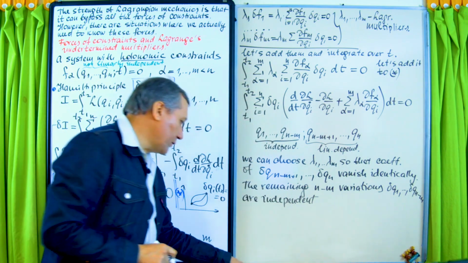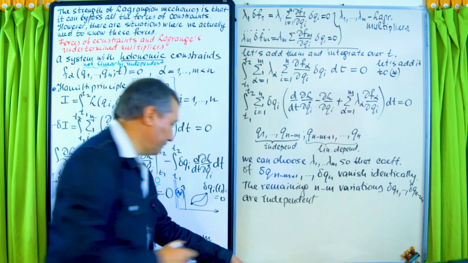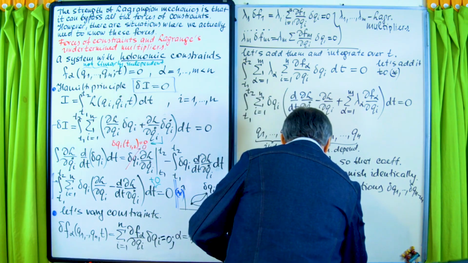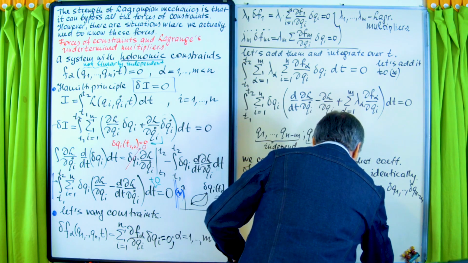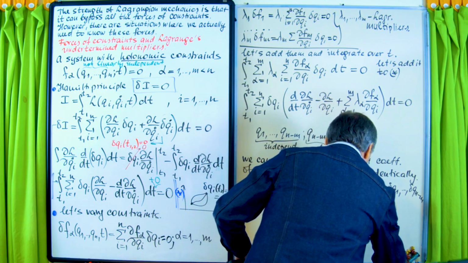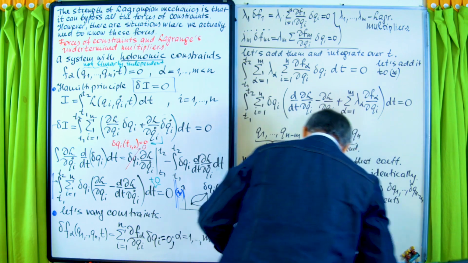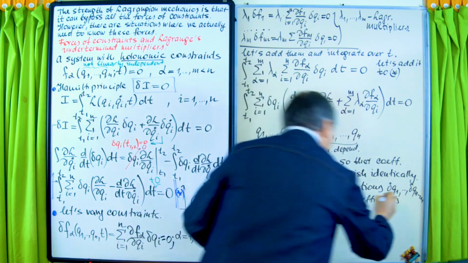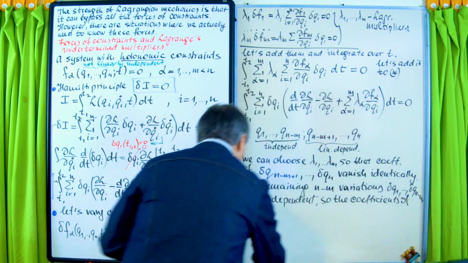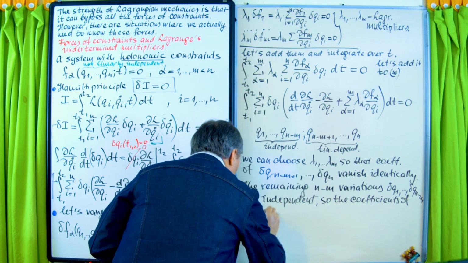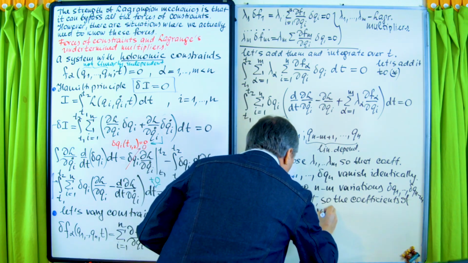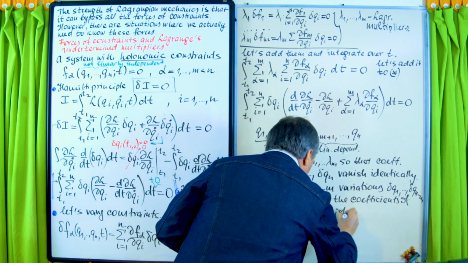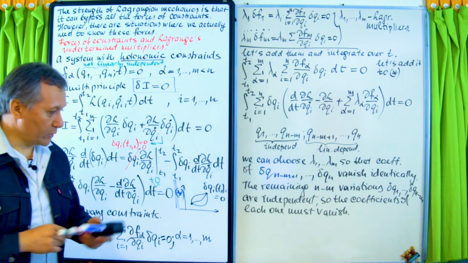So the coefficients of each one must vanish. Okay, so it should be enough, right?